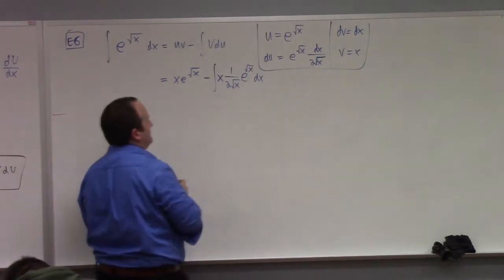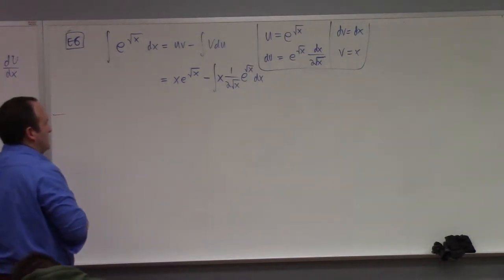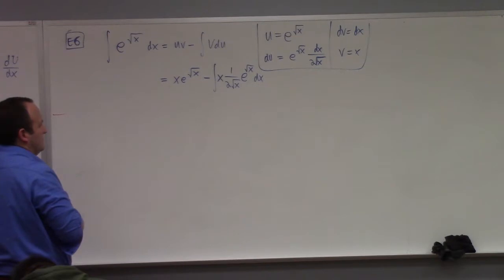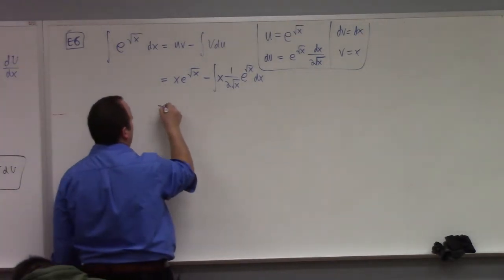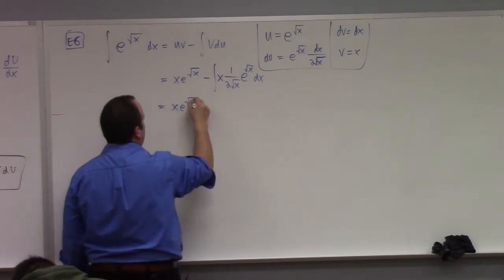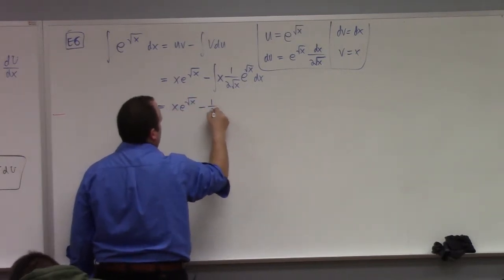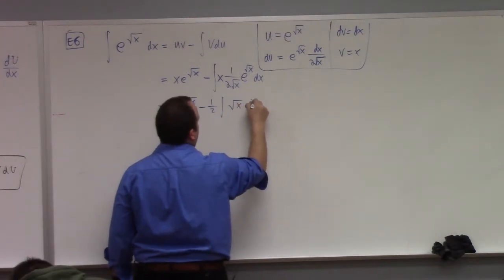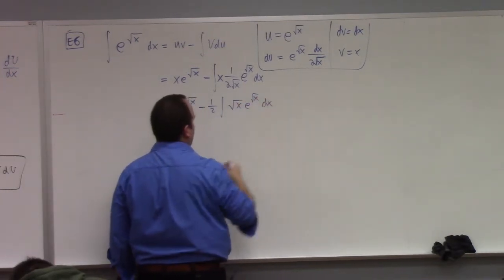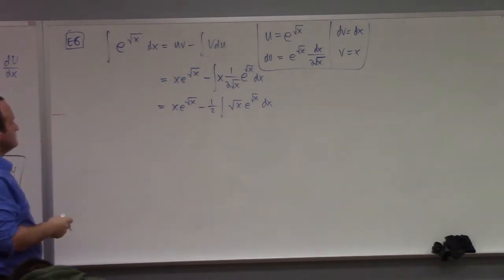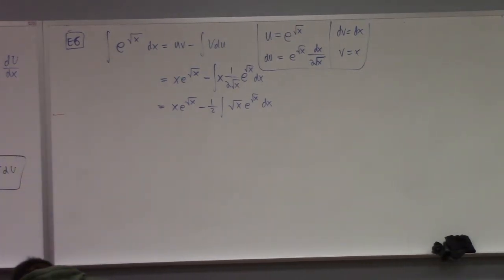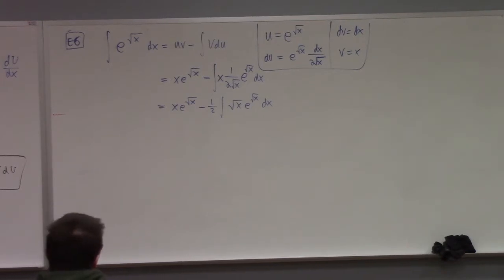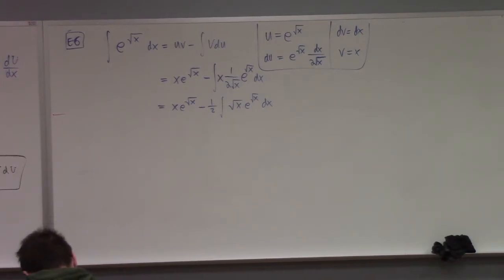Well, all right, that can be simplified. x e to the square root of x minus 1/2 integral of square root of x e to the square root of x dx. Yeah, well, doesn't look like it's making it better, does it?